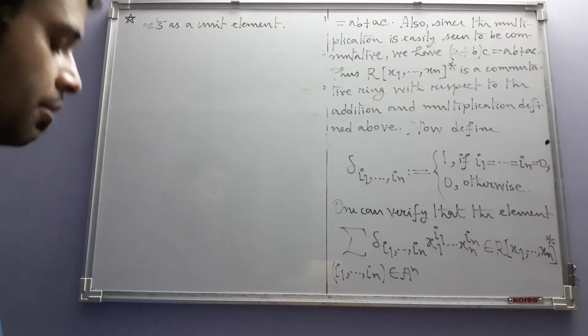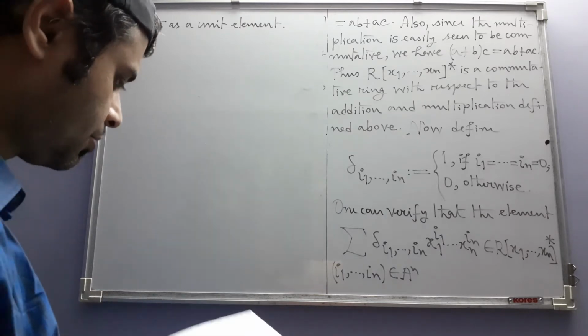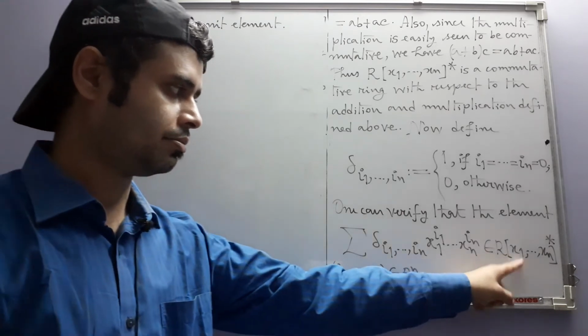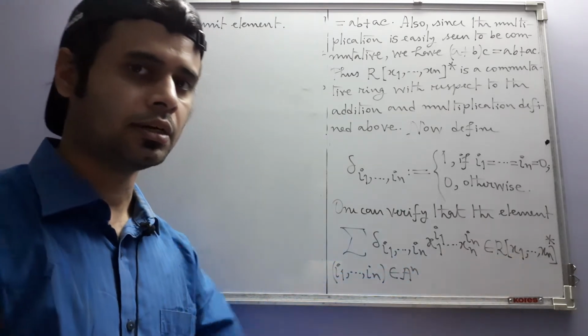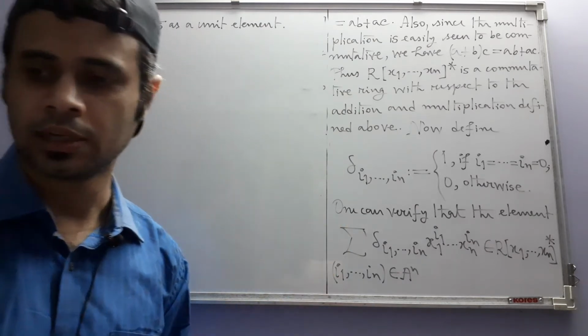Okay, now comes the difficult job of showing that this ring, which also is a commutative ring with unit element, is isomorphic to our original polynomial ring.